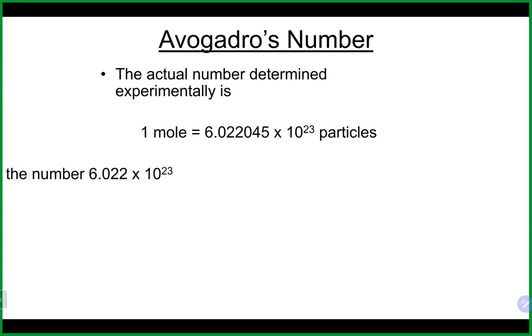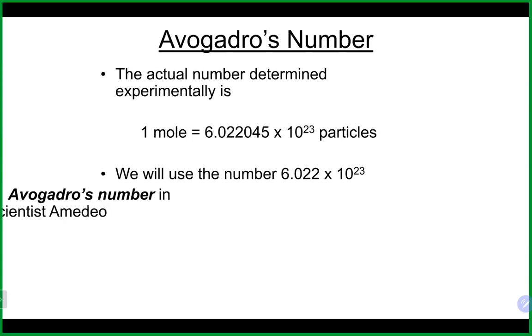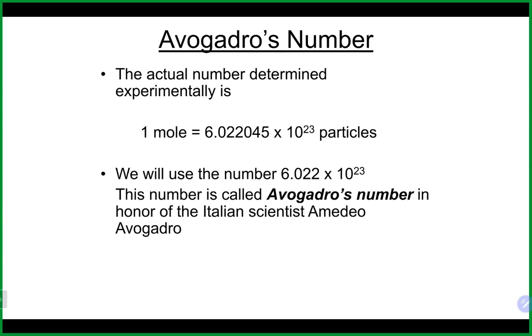So Avogadro's number, that is the real number, but everybody does use the 6.022 times 10 to the 23. Also, it's really important to make sure that you use your exponent button when you use that in your calculator, like we talked about. But really, Avogadro's number is a conversion factor, and it is the conversion factor that allows you to go between moles and either atoms or molecules in most cases.